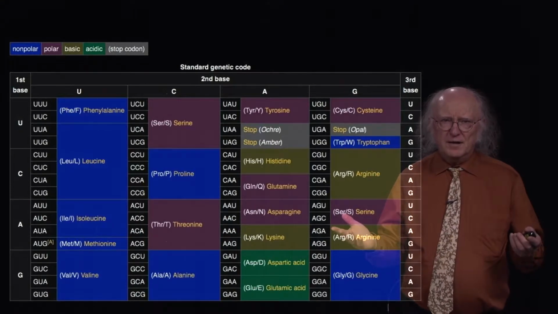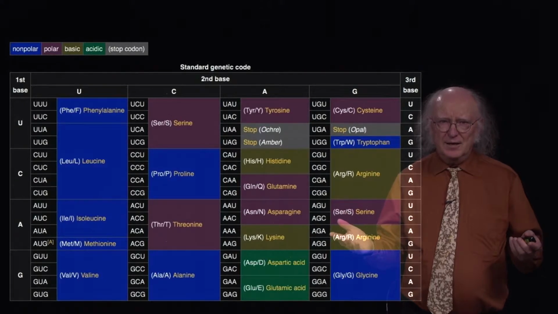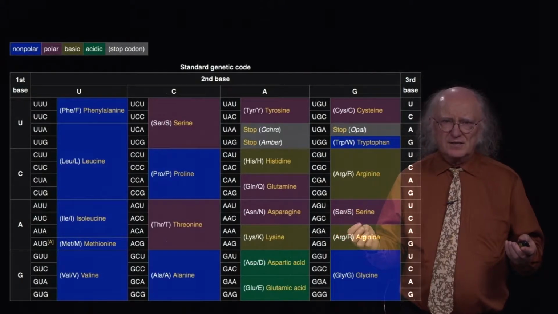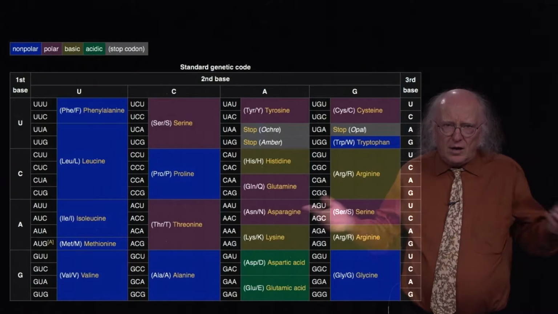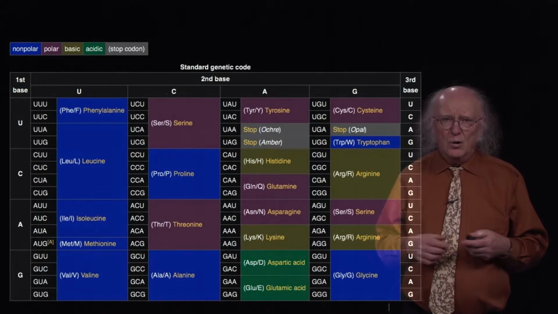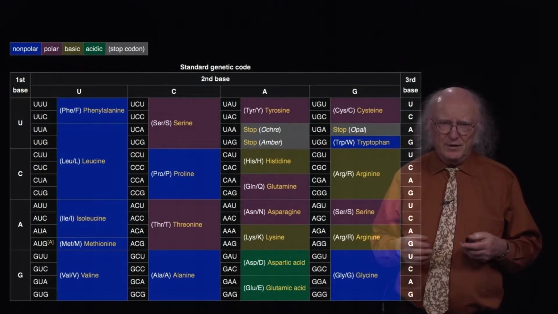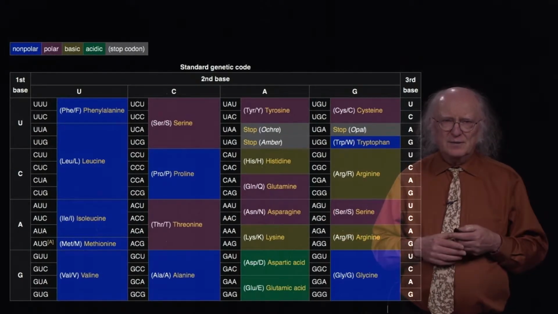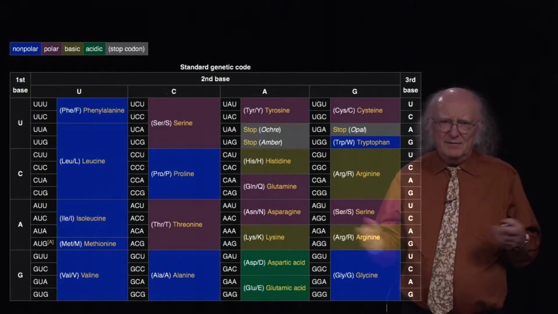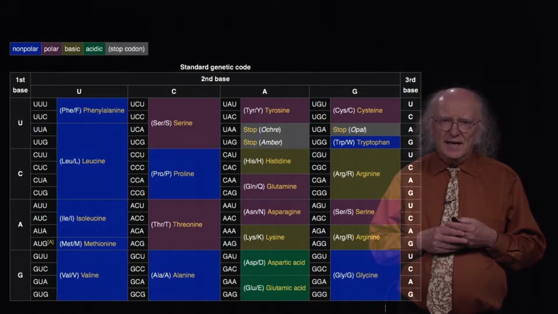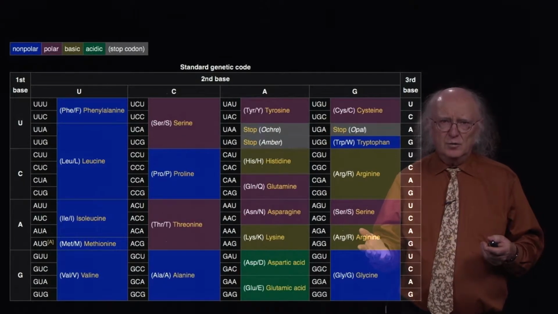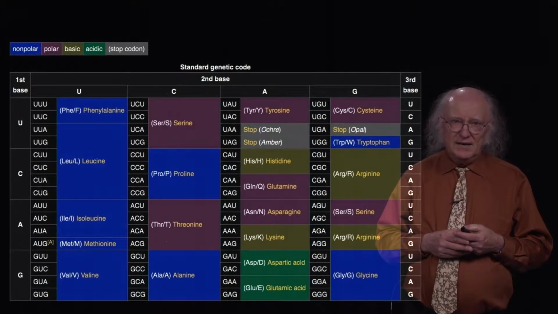Well, if we have 20 amino acids used to make proteins and we have 64 possible codons, either we have to not use some of those codons or we have to use some of those codons multiple times for a given amino acid. It turns out that the latter is in fact what's done. That is, multiple codons are used to encode for a given amino acid.